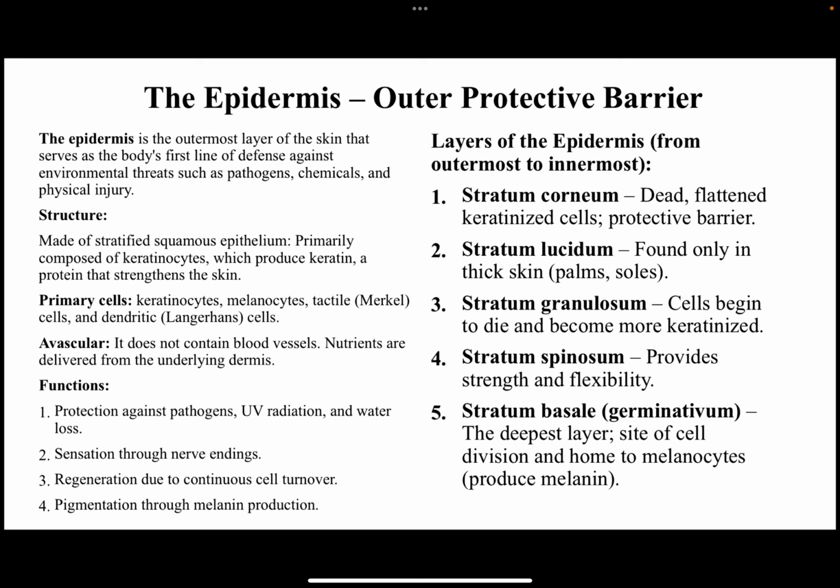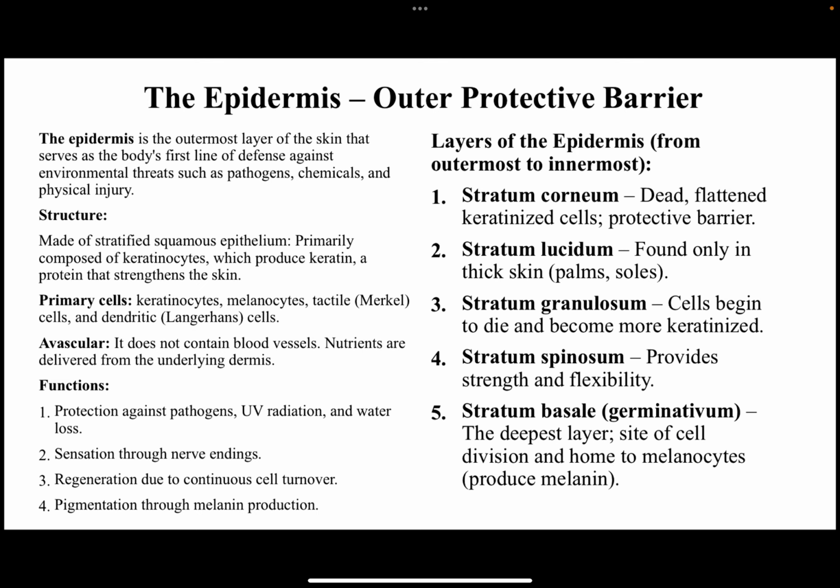Within the epidermis, we have a lot of cells, like keratinocytes, melanocytes, the Merkel cells or tactile cells, and the dendritic cells or Langerhans cells. These cells are all located within the epidermis.